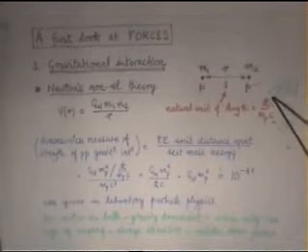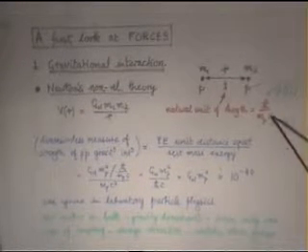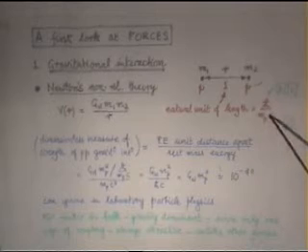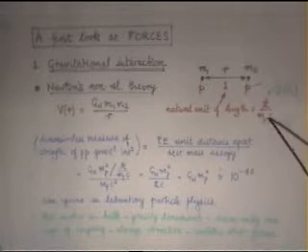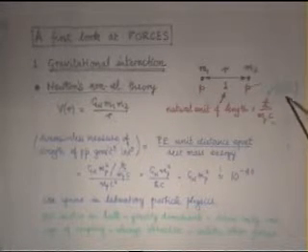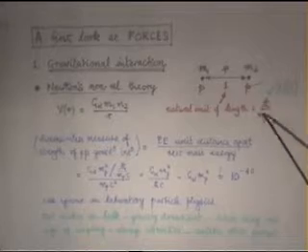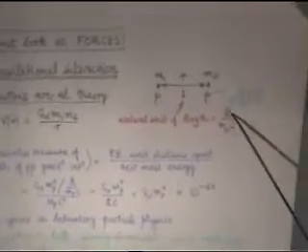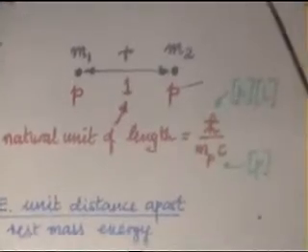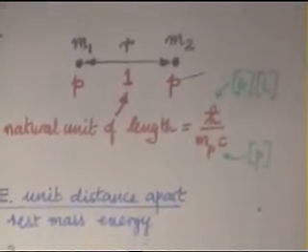Because this is an angular momentum, a momentum times distance, and on the bottom here this is a momentum, because that's m times a velocity. So these two cancel, and we've got something with the dimensions of a length. So that's the natural unit of length. So if these two were protons, this is the natural unit of length between them.